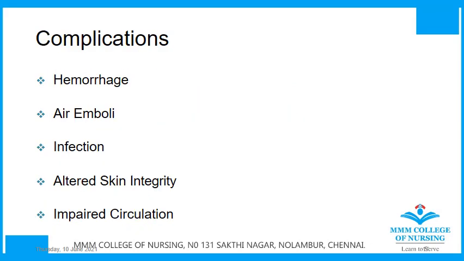Okay, after you start, let's see what would be the complications of securing an arterial line. The complications are hemorrhage, that is bleeding, air emboli, infection, altered skin integrity and impaired circulation.